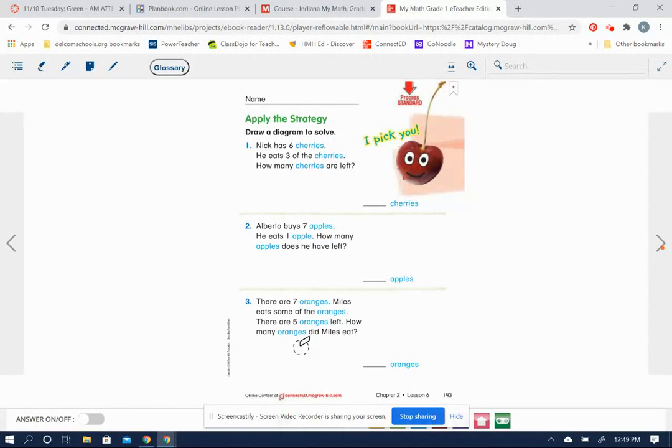Remember, to find the missing number like that, you can start with the smaller number and count on to the bigger number to find the difference. Or you can think 7, because these subtraction sentences are related. You can change the order as long as you don't change the numbers. 7 minus 5 equals blank. If you know what 7 minus 5 equals, then you know that's the missing part.